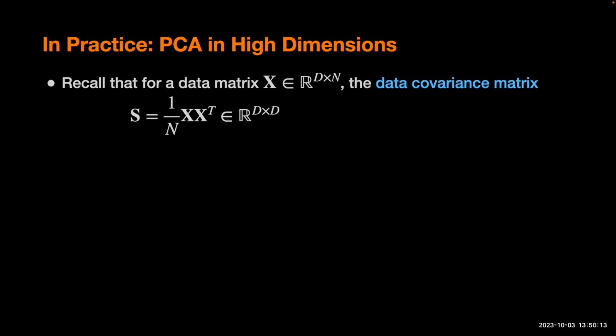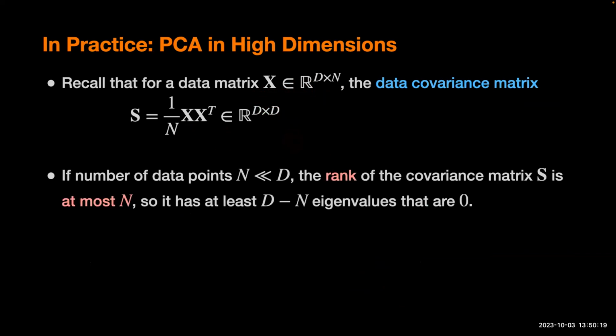Why? Because remember, the data matrix here is D times n. So X times X transpose is D by D. The point here is that if n is very small, then these matrices cannot be full rank. In fact, most of the eigenvalues have to be 0. If you have not learned linear algebra, it's just saying that if I have only n data points, let's say 5 spectra, at most I only need to keep 5 vectors, right?